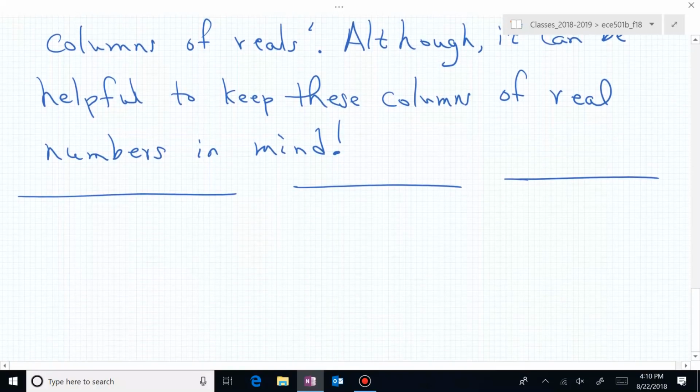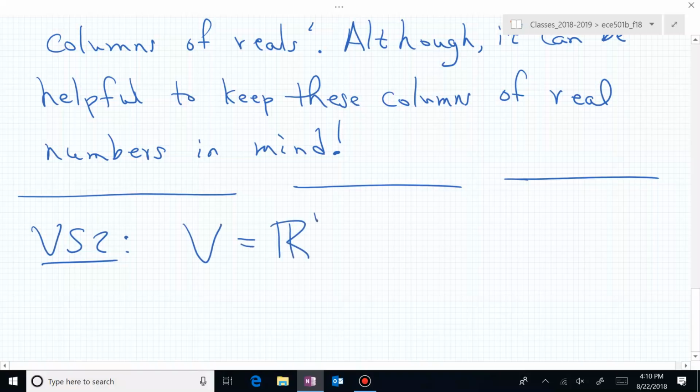I've introduced one vector space. We have a few more to go. VS2, vector space example number 2. A vector space V is now what I just said to not focus on.